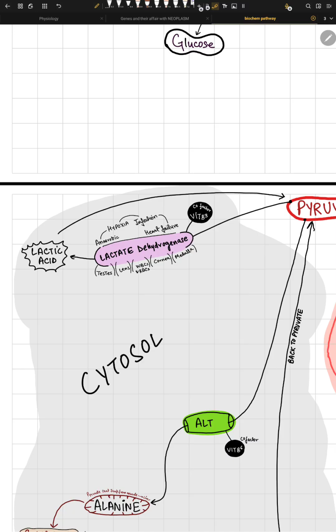Now, why it's found in RBC, why it's found in WBC, is simple: these RBCs have no mitochondria. So these RBCs depend upon glycolysis for ATP generation. They need LDH, this lactate dehydrogenase, to generate NAD+, right? To generate a little amount of ATP.